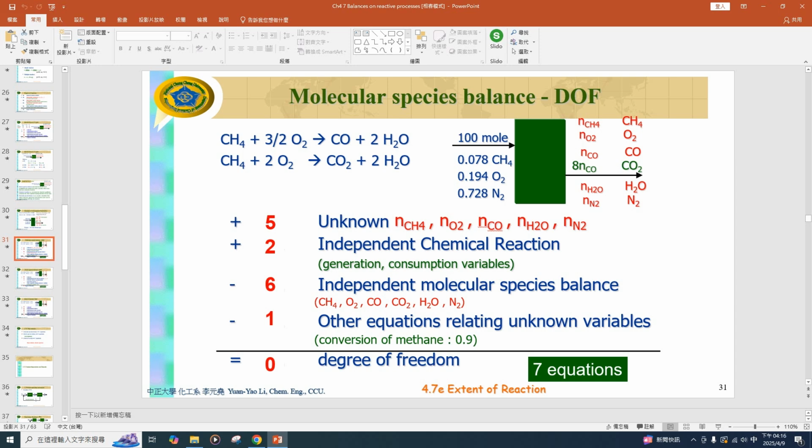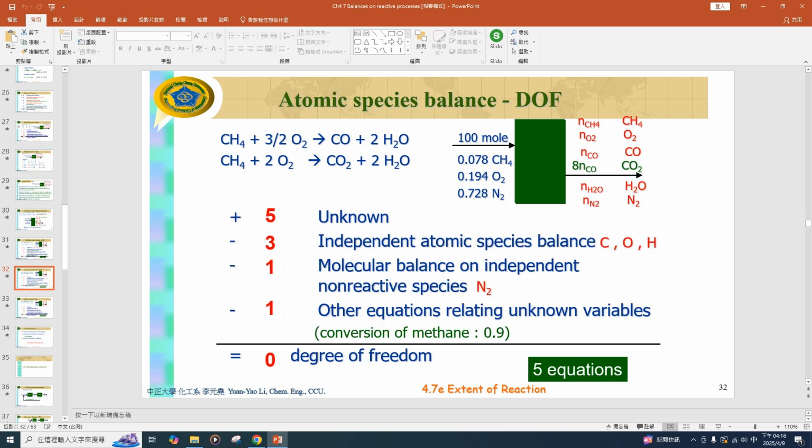Without DOF, you don't want to do your calculations straightforward. If DOF doesn't equal 0, then you don't need to do calculation. That's why we introduce the DOF for molecular species balance, atomic species balance, and extent of reaction.